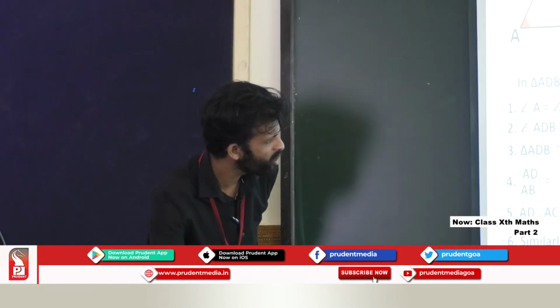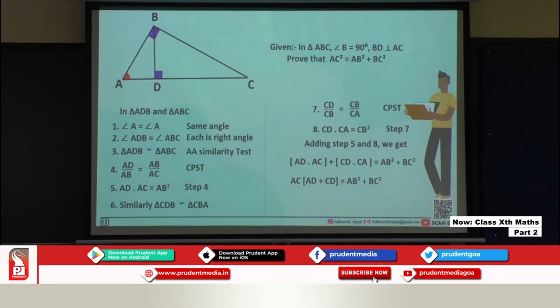So all I will do is, whatever is common, I will take it outside the bracket. So it would become something like this: AC will move out from the first bracket, and what will remain inside is AD plus CD of the second bracket is equal to, right hand side is kept as it is.